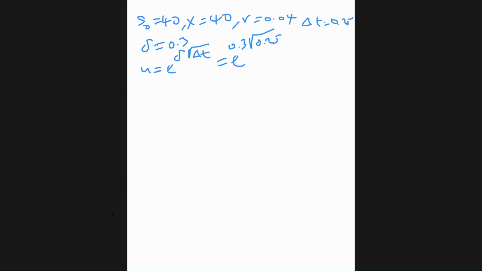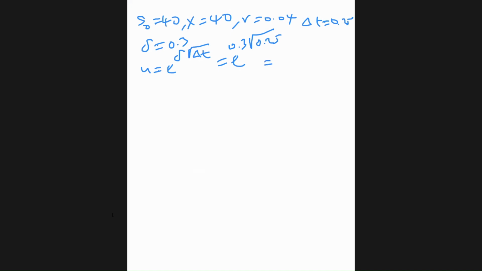Delta t is 0.25 because maturity is 6 months, which means if there are 2 observations, then each observation is 3 months, which is a quarter. So that is our U.